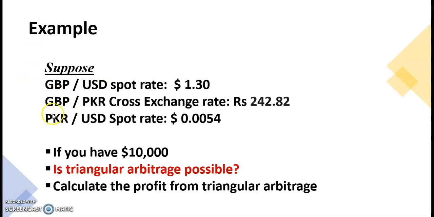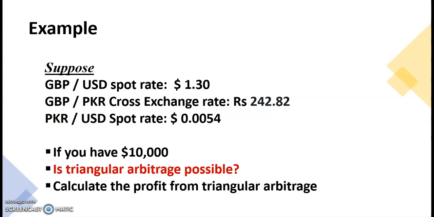So this is the price of 1 unit of pound in terms of PKR. And then we have PKR per US dollar. Again, we will buy pound by selling US dollar. Now we have pound, we will sell the pound and buy Pakistani rupee, and then we will sell Pakistani rupee and buy US dollar again.